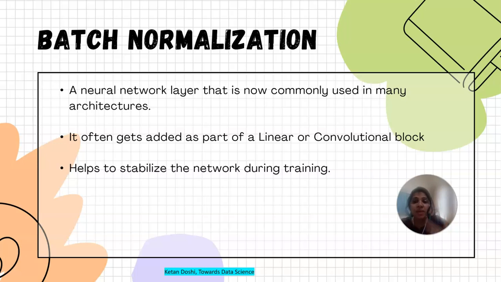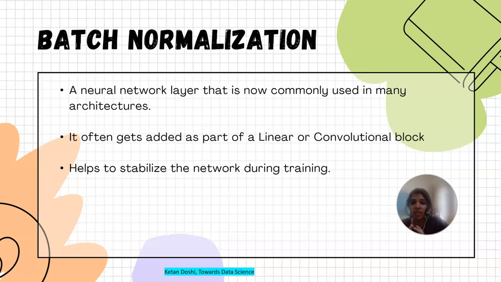And what is the benefit of this batch normalization? It helps to stabilize the network during training. Stabilization means it will not oscillate. What is the ultimate motto of a CNN model or any model? It has to converge, right? We have to find the error, and that error should be minimum.